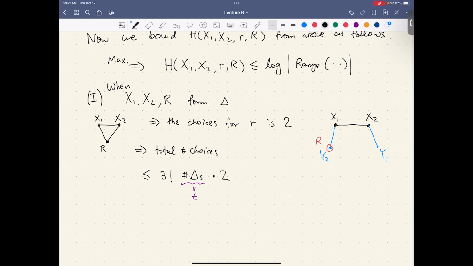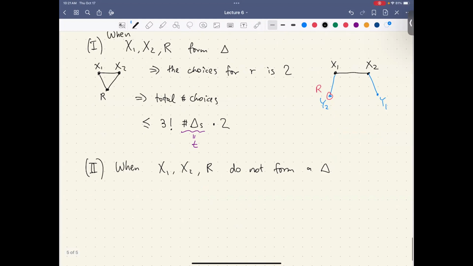The second case, when x1, x2, r do not form a triangle. This is similar to Mantel's theorem. So you have x1, x2, and r, we reveal r, and notice that r is a neighbor of x1.